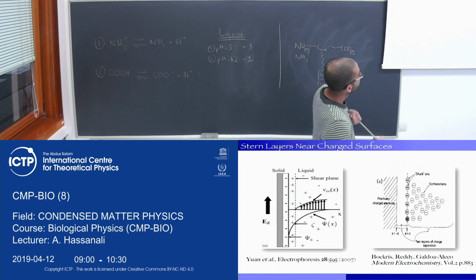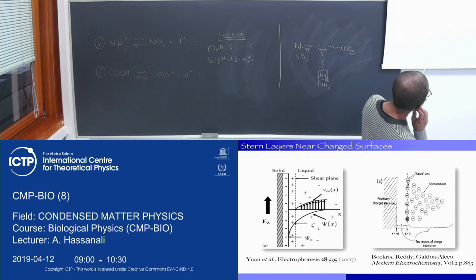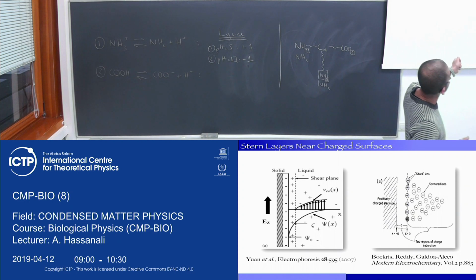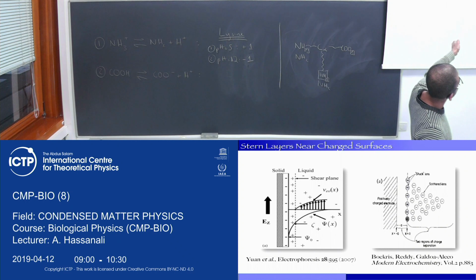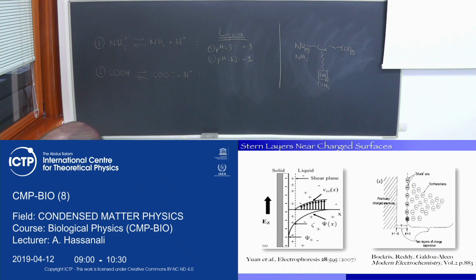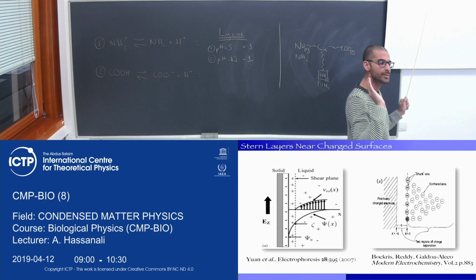Just for your own education, these are pictures that I've taken from textbooks that show how people think about, if I have a charged surface, how do ions layer near it, and they have these very particular views that the ions near the surface are stuck, they're immobile. So the charged surface polarizes the environment so much that these ions are frozen. They're not mobile. Okay, so this is for solid liquid interfaces.